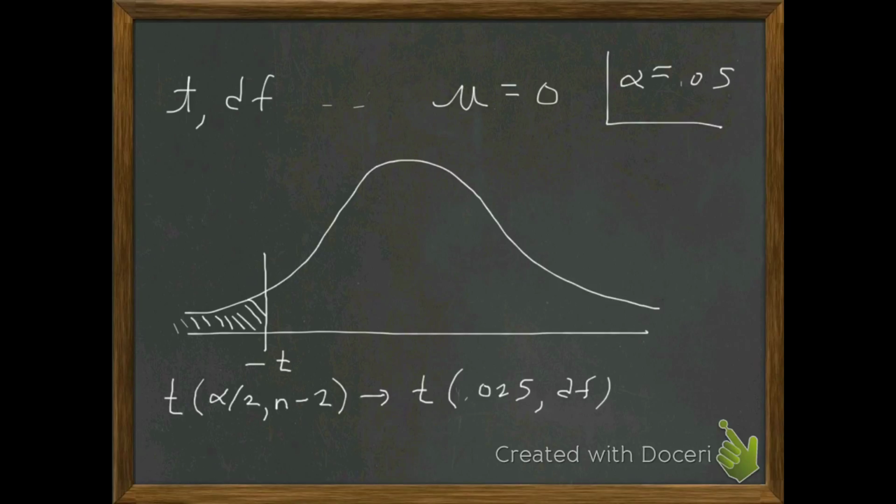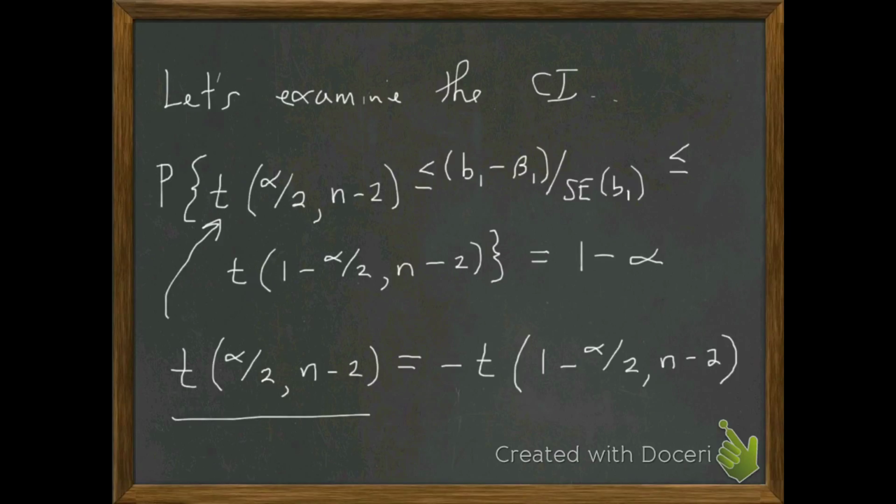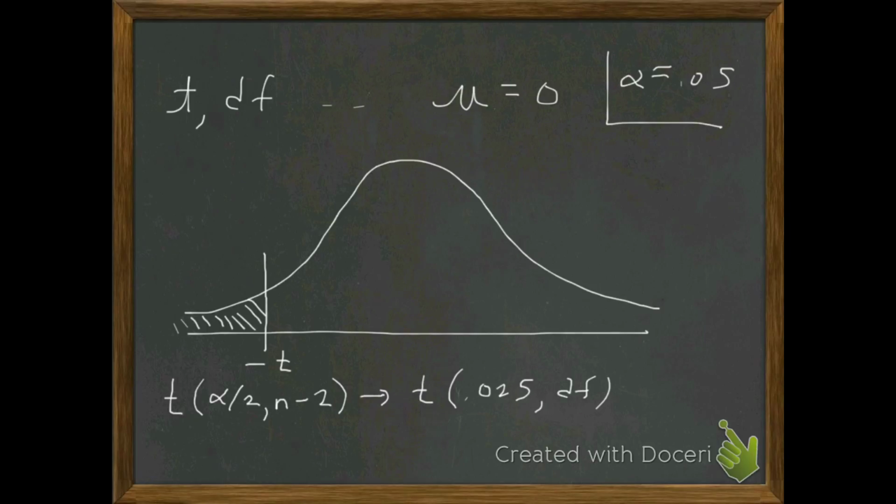Now, when I bring in the notation up here where I have negative t of 1 minus alpha over 2 for degrees of freedom, I'm actually taking the negative of this negative to create the positive t with 1 minus alpha over 2.